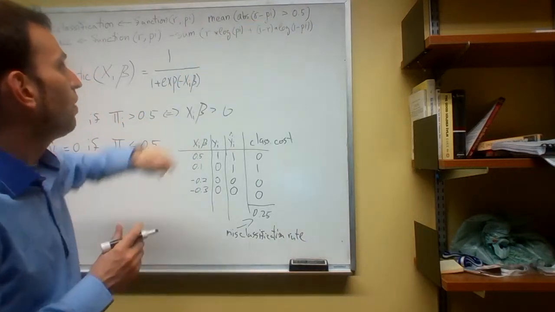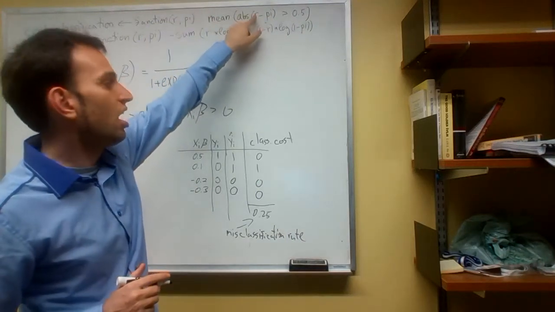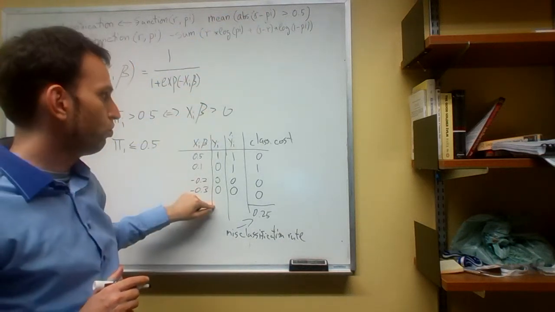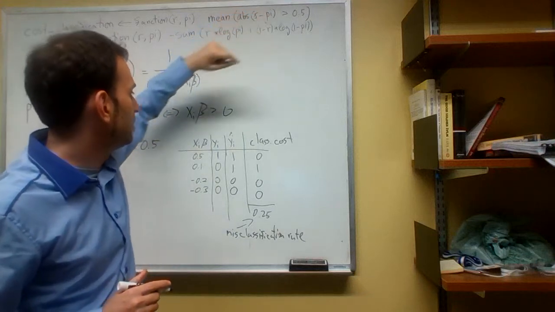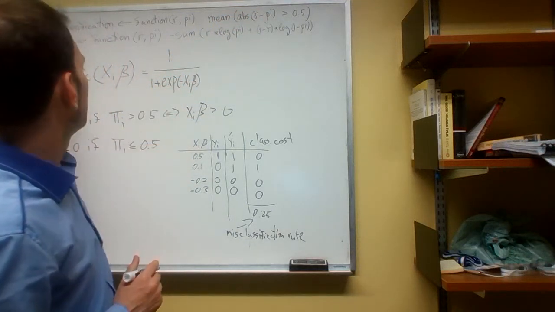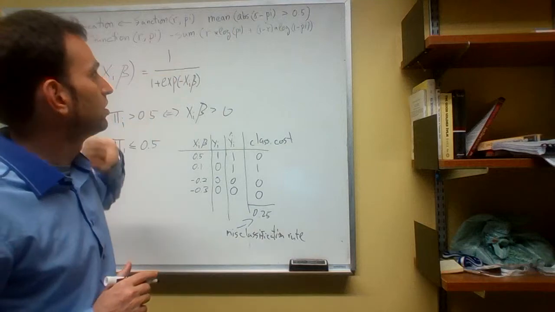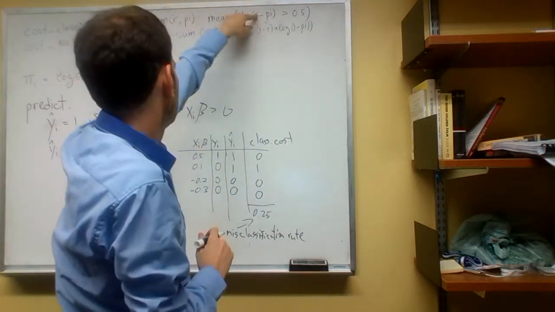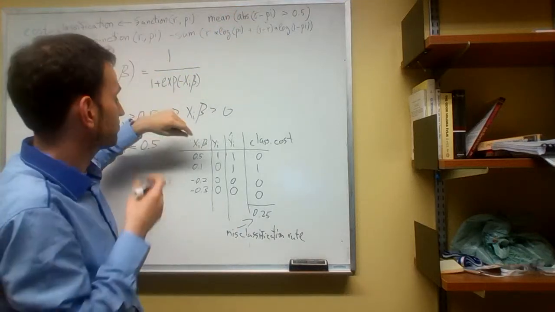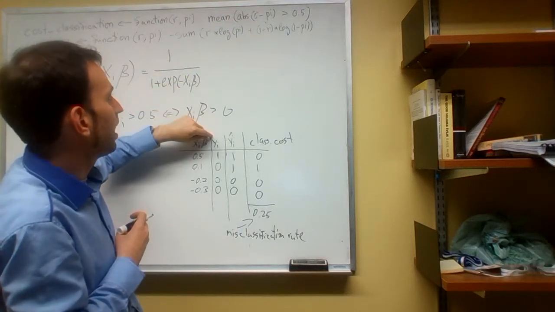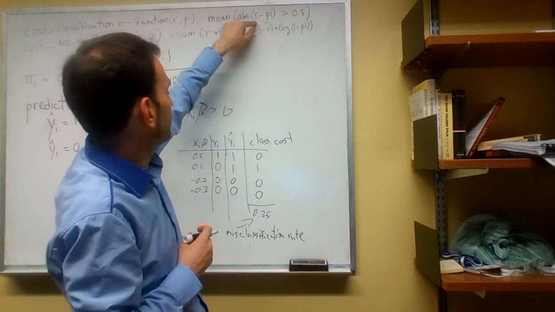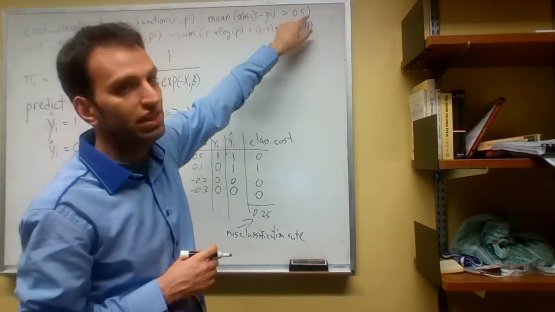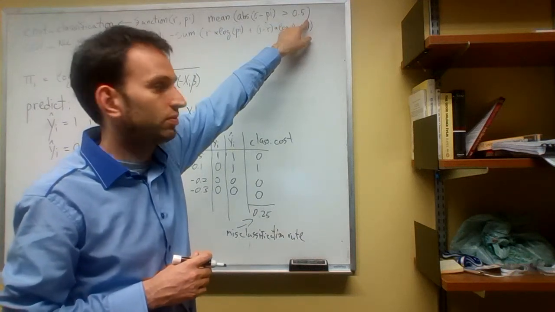Why is that? Well, because the inputs here, the r's here are the true y's, and the pi's here are those pi's. So what we're asking here is for each r, so for each yi, is the difference between the yi and the pi greater than 0.5?